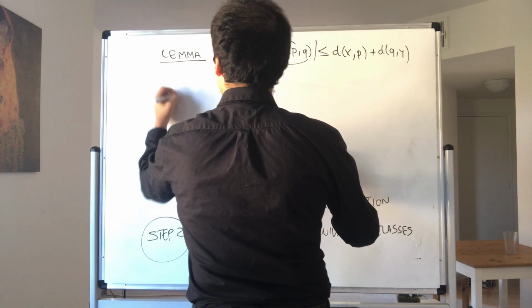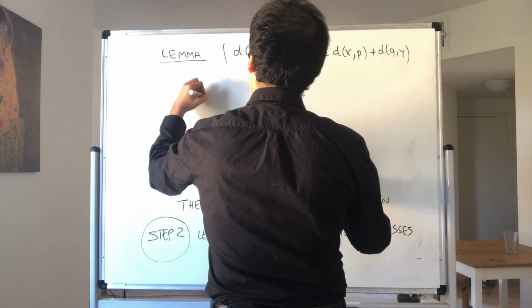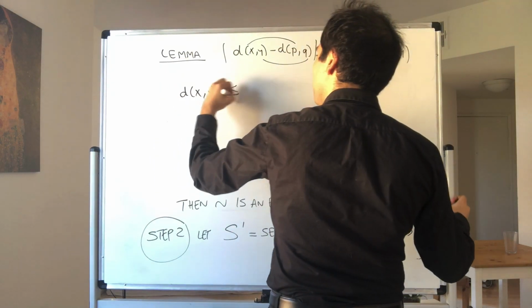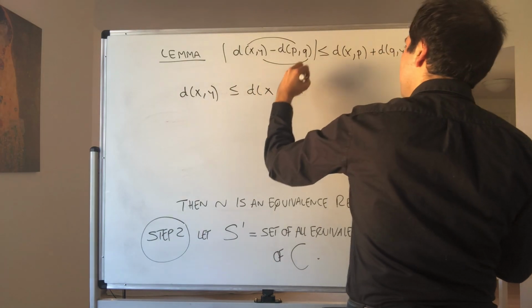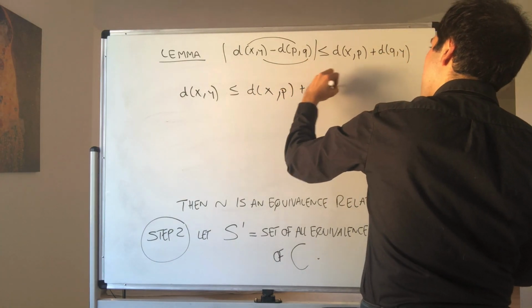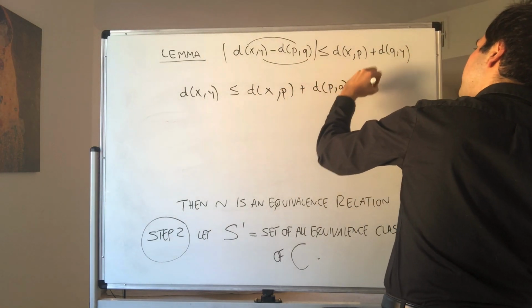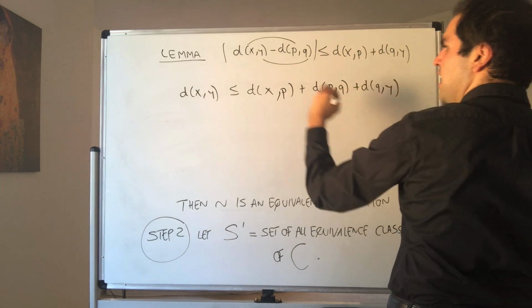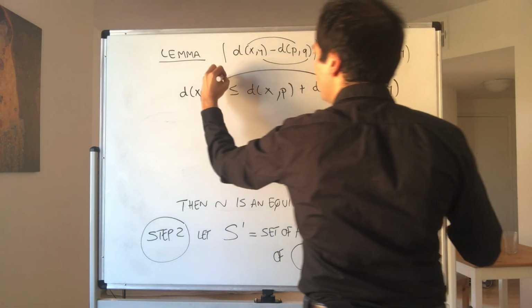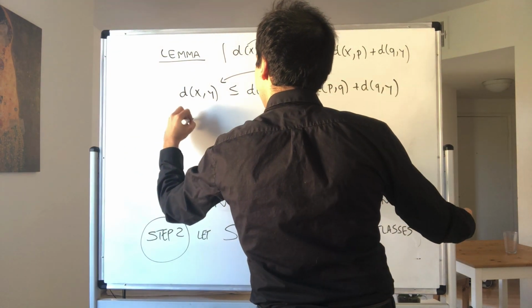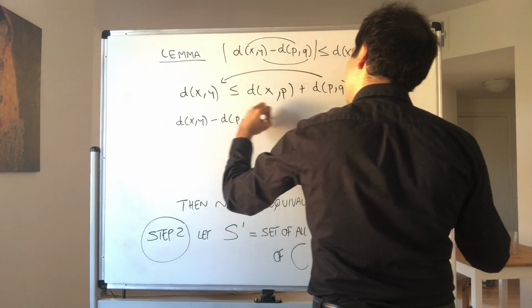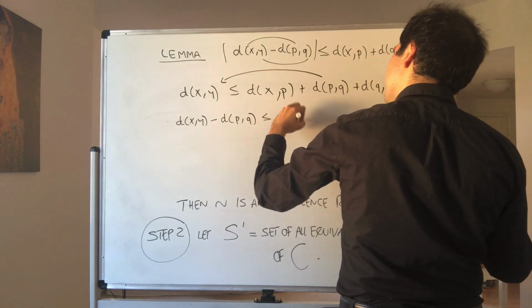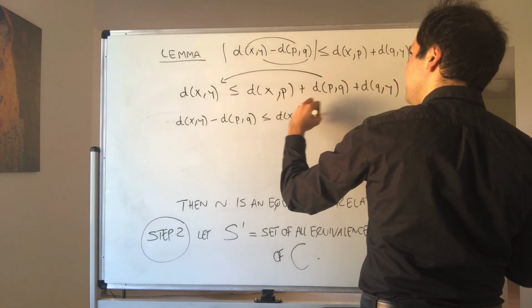Well, just consider the following. So dxy, just split it up into dxp plus dpq plus dqy. And let's just put this dpq term here. So then what we get is dxy minus dpq is less than or equal to dxp plus dqy.